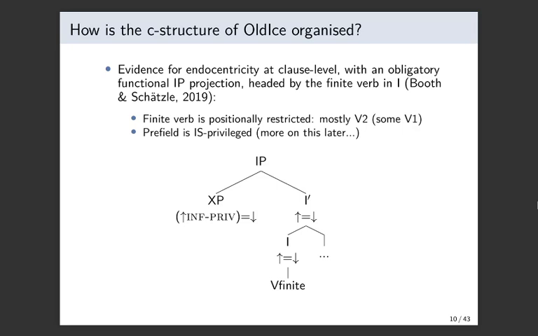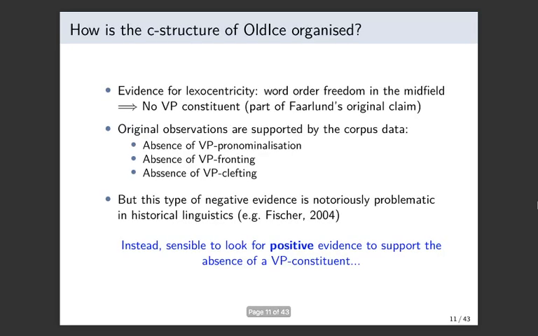Now the pre-field in this structure, spec IP, is IS privileged, but I'm going to say more on that a bit later on. So we've got some endocentricity at clause level, but as I show today, we've also got evidence for lexocentricity, specifically in terms of the word order freedom that's going on in the midfield.